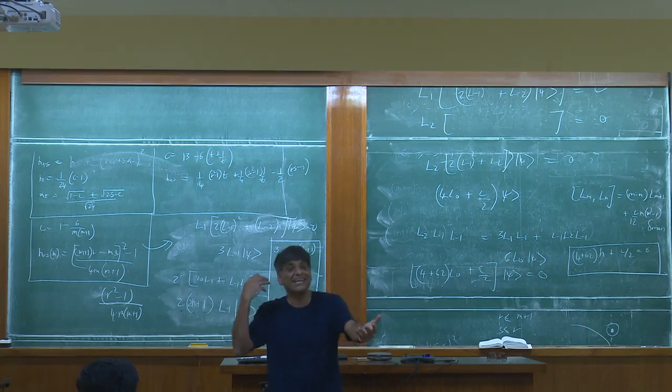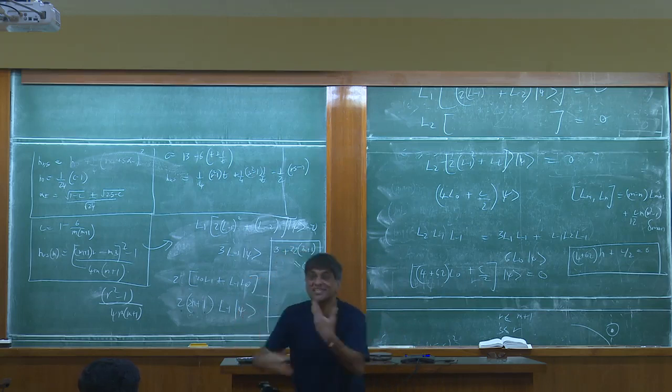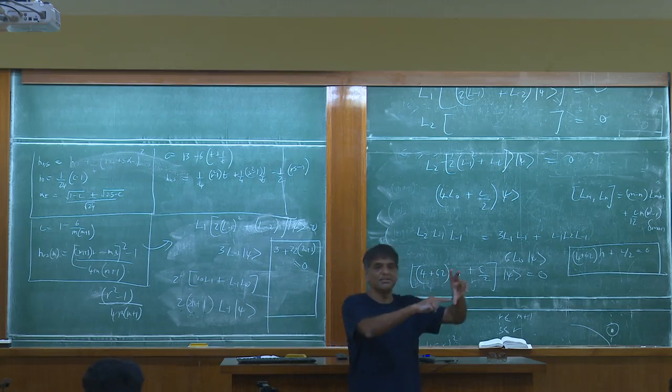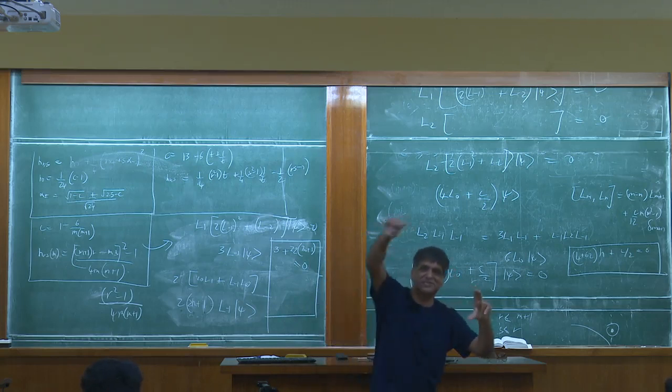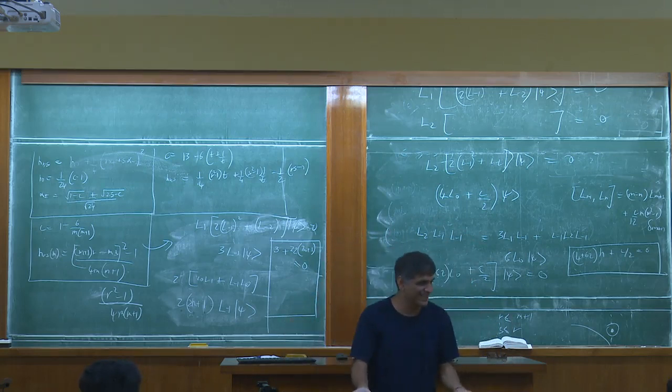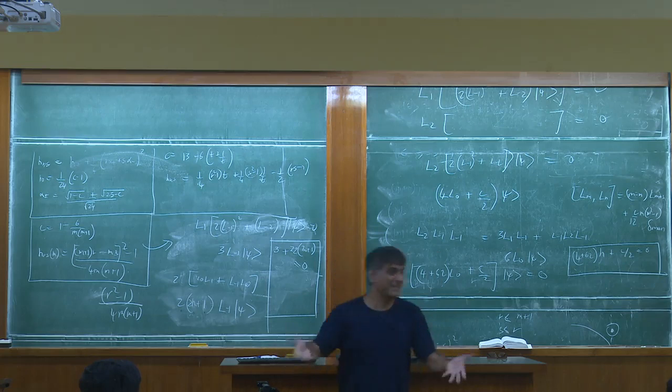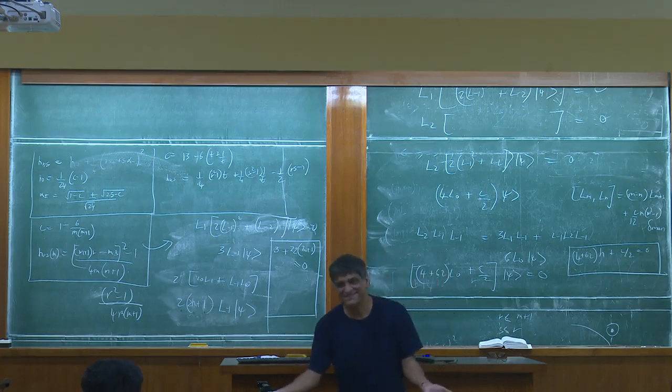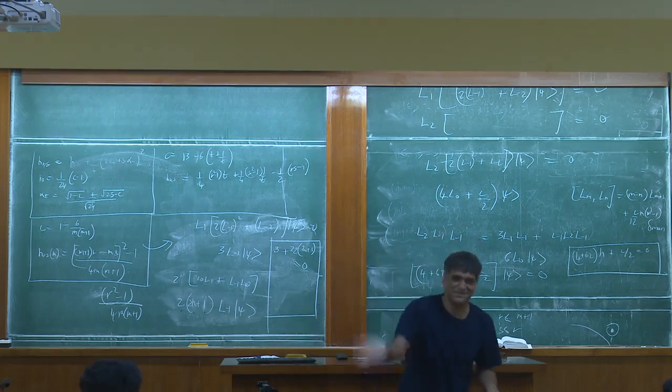There has to be one condition between h and c for this problem to admit a solution. And that condition, of course, will be the condition that we are on that h21 curve, because if we had a null state at level 2, then the determinant at level 2 had to be 0. But that condition was being on this h21 curve.